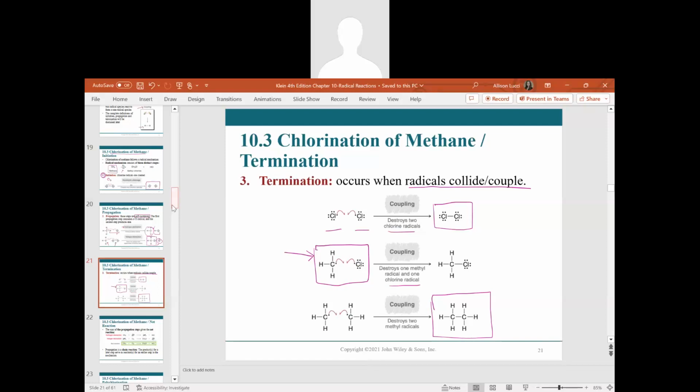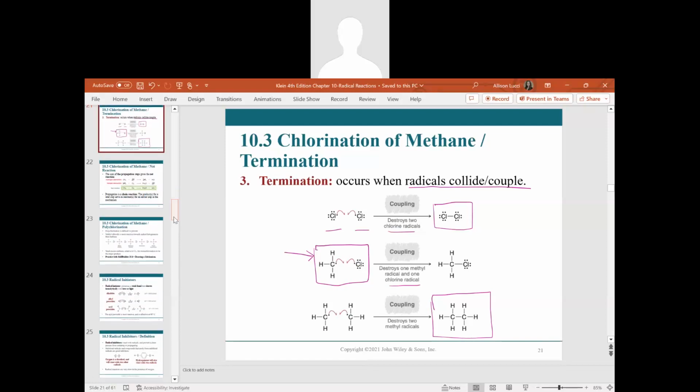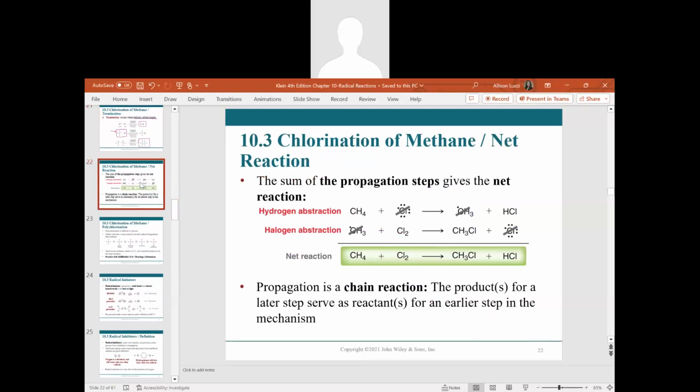So I had mentioned that it's a self-sustaining reaction, and let's look at this in this type of equation, this summary, and what happens in our net reaction here. So during the propagation steps, we were told that they were self-sustaining, and another way of saying that is that they are a chain reaction. So in our hydrogen abstraction, in that first step listed, we have our methane, we have chlorine here. So we have a chlorine radical that grabs the hydrogen, forms HCl, which is our product listed here.